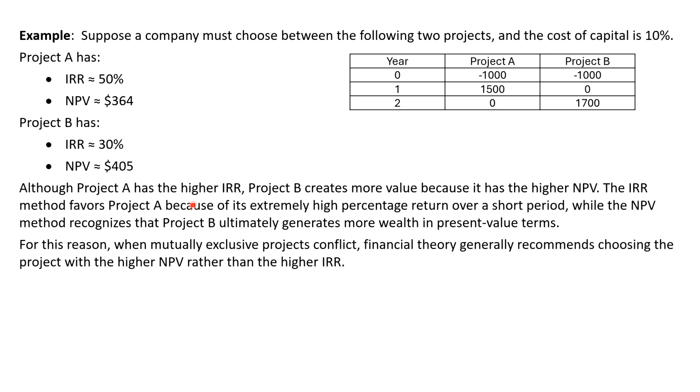The IRR method favors project A, obviously, since it has a higher number there, because of its extremely high percentage return over a short period, while the NPV method recognizes project B ultimately generates more wealth in present value terms. For this reason, when mutually exclusive projects conflict, financial theory generally recommends choosing the project with the higher NPV rather than the higher IRR.